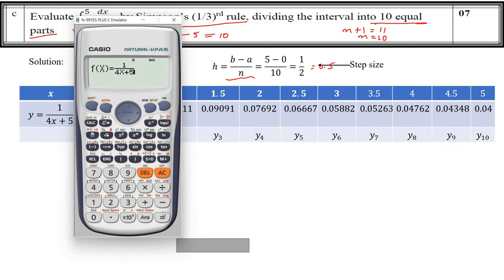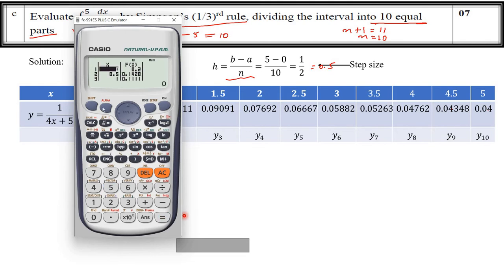Press equal to, and it will ask for the start value and end value. That is nothing but the interval. Your starting value is 0, ending with 5. That is the interval a to b. So the step size is what? 0.5. Press 0.5, equal to. Now you will get the tabulation.